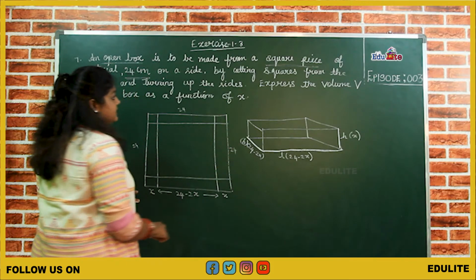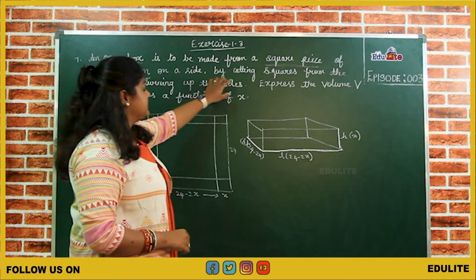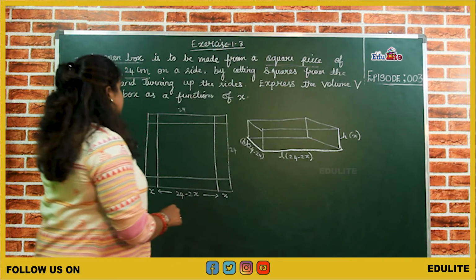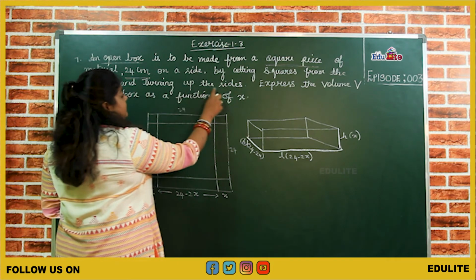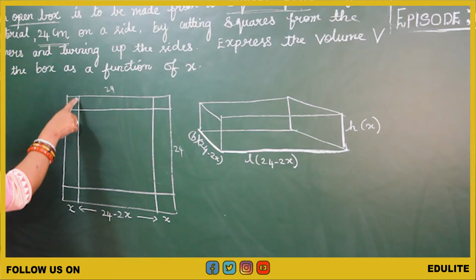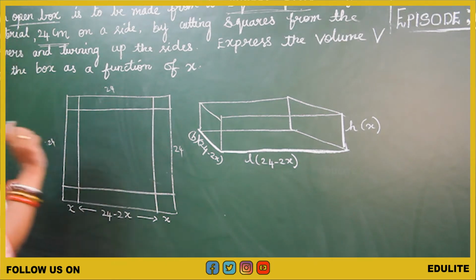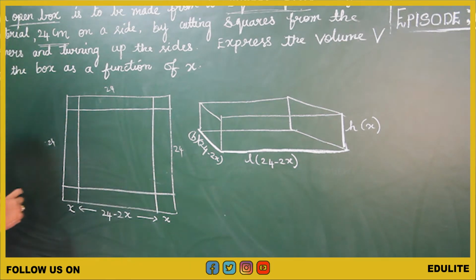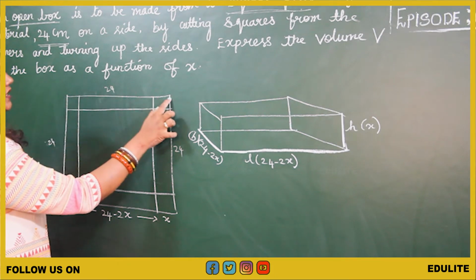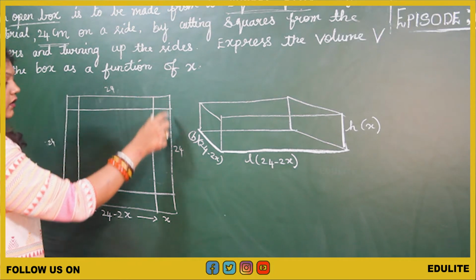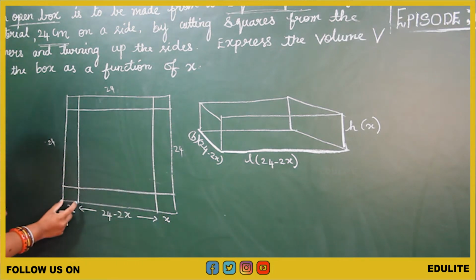So, first, a square of 24 centimeter on all the sides. Next, what is given is, by cutting squares from the corners and turning up the sides. So, from all the corners we cut the squares. The whole side is given as 24 centimeter. We are cutting equally on all corners. This cut portion we have considered as x.